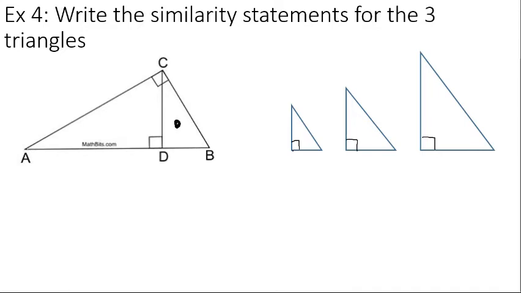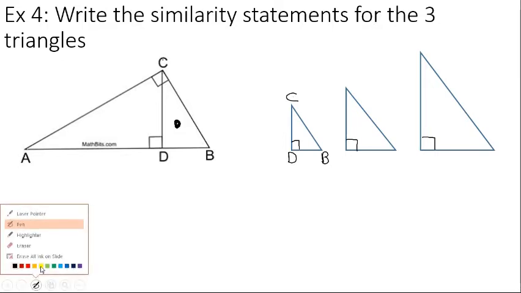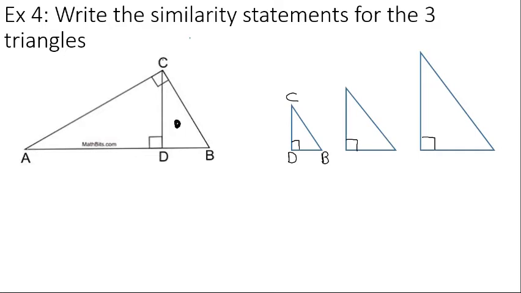So I have D, B down here, and then C up here. And then my medium triangle here. So this side right here, 90. So this is D, and I have C, and I have angle A up here.